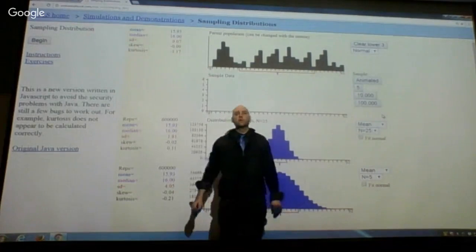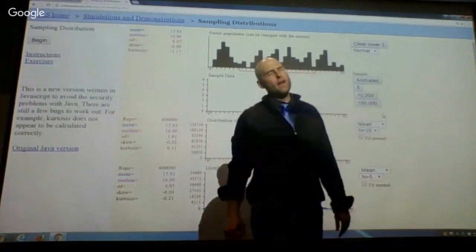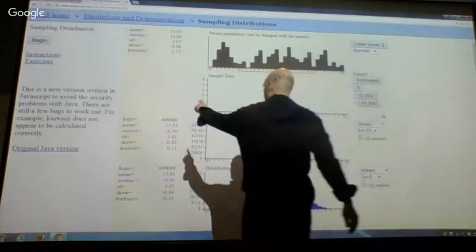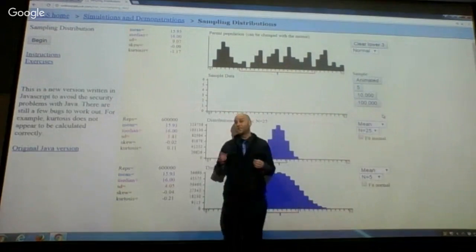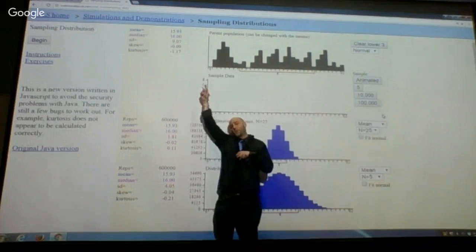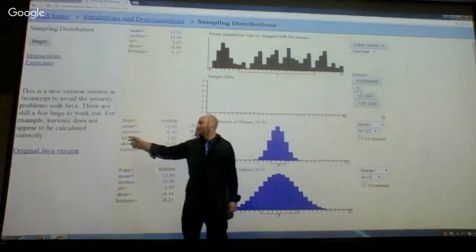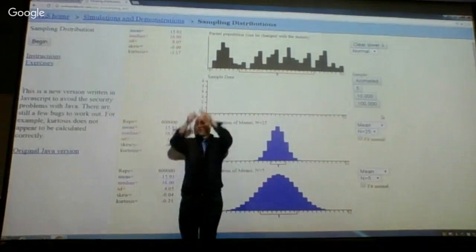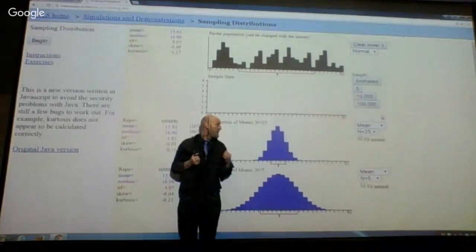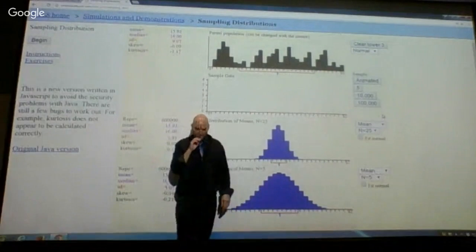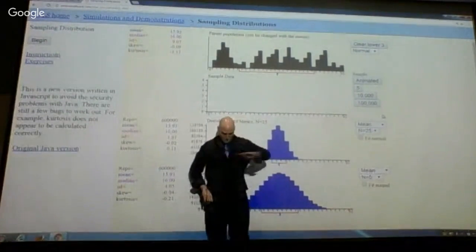And hey, Julia, what do you get when you take 9 divided by 5? 1.8. The standard error, sigma over square root of sample size, is the standard deviation of the sampling distribution of the sample means.